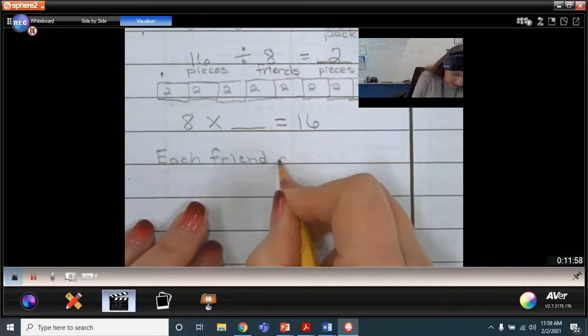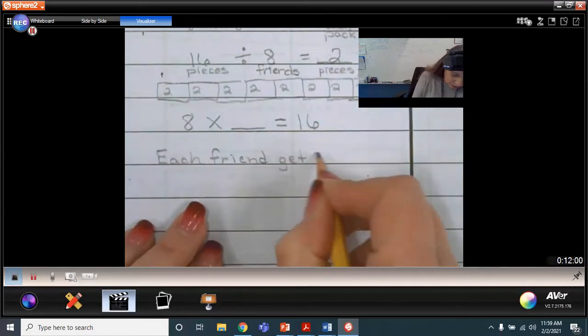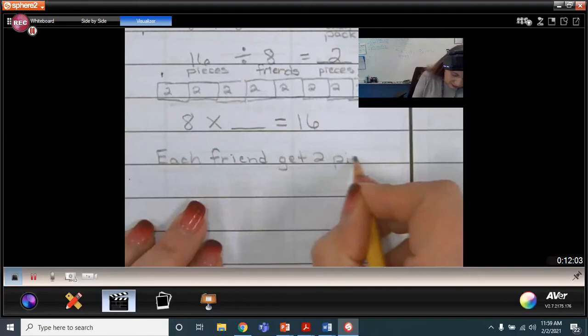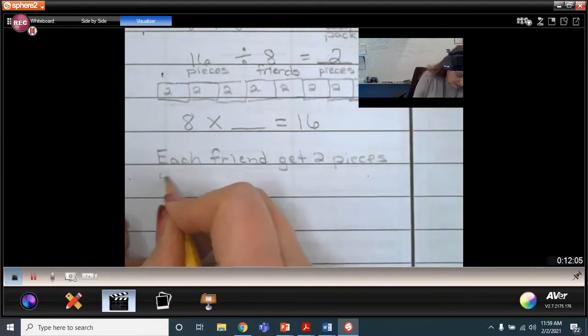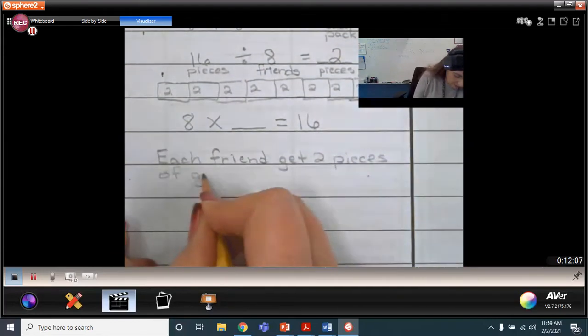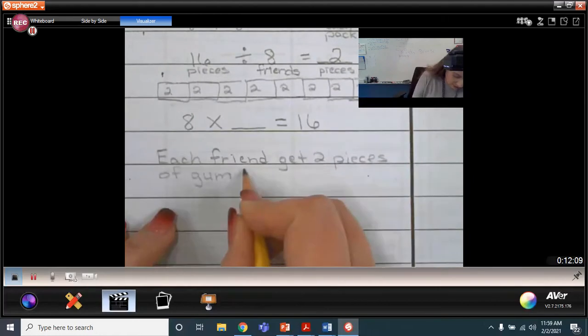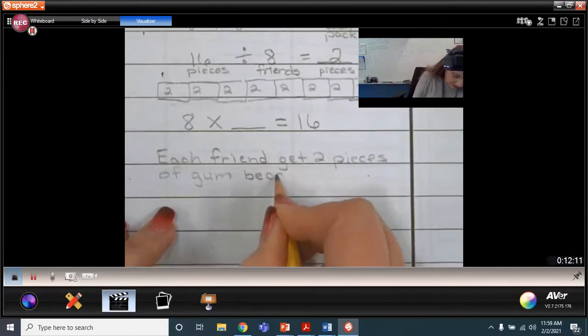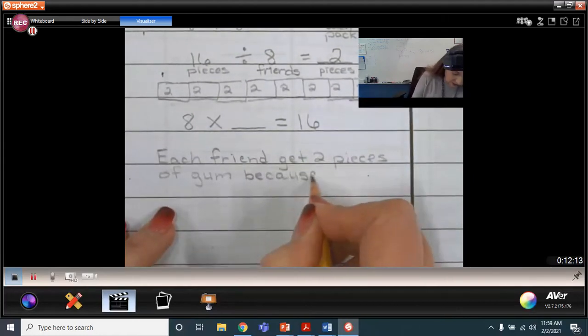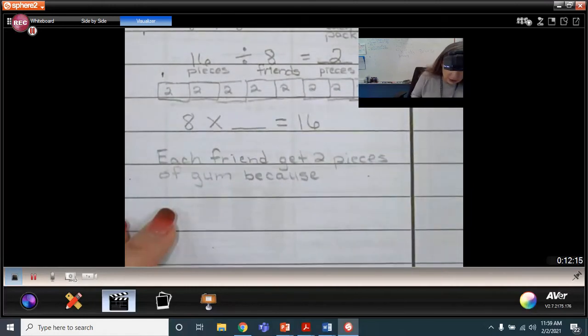Each friend gets 2 pieces of gum because, so now we're going to provide evidence on how we know that they're getting 2 pieces.